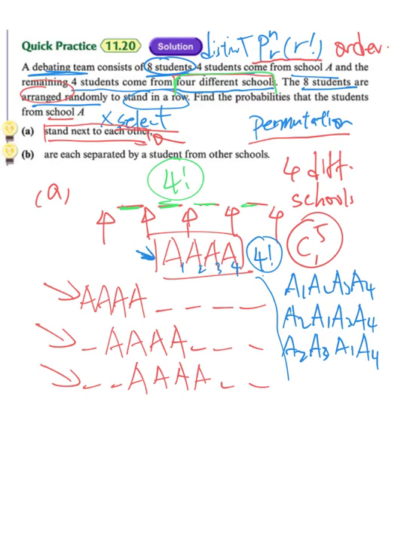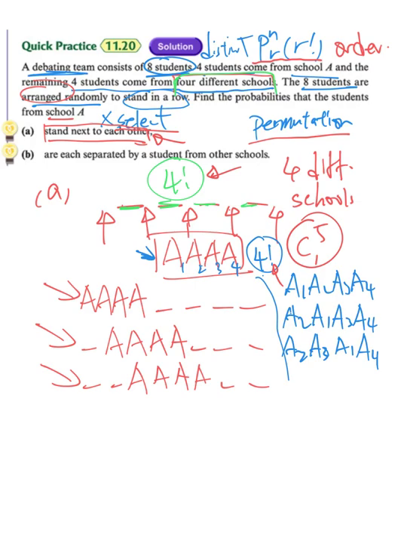These 4 A students have 5 different locations that can be considered, and these 4 students in school A can arrange among each other, so that's why we have 4 factorial. And the 4 students from 4 different schools also have 4 factorial ways to arrange them in a row.